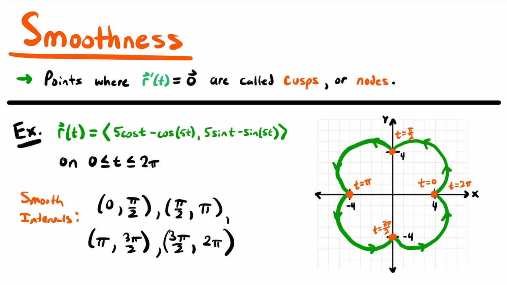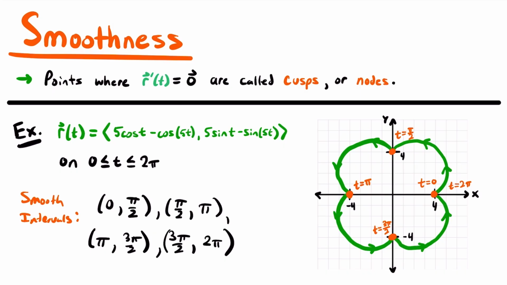I didn't go through the math here because we're going to be doing that in the rest of our examples in this video, but if you took the derivative of this vector function, you would find that these are the 4 values of t for which both components of the derivative equal 0, and so therefore that would be where the curve is not smooth. And so those are the values of t that help us create our smooth intervals that describe where the curve is smooth and where it's not smooth.